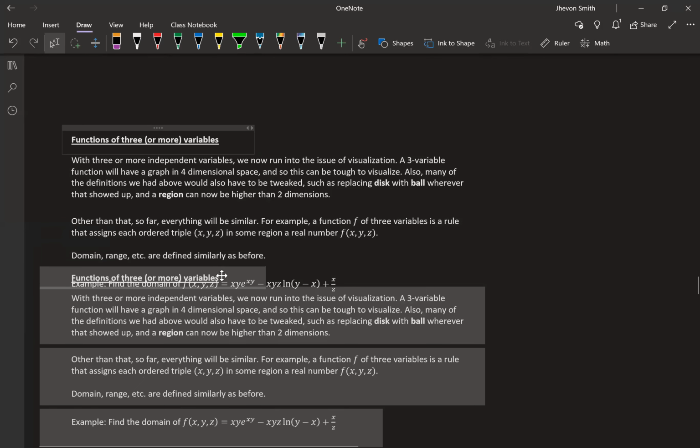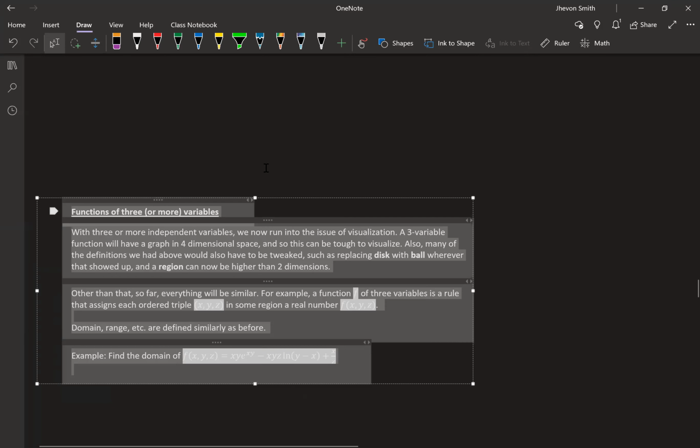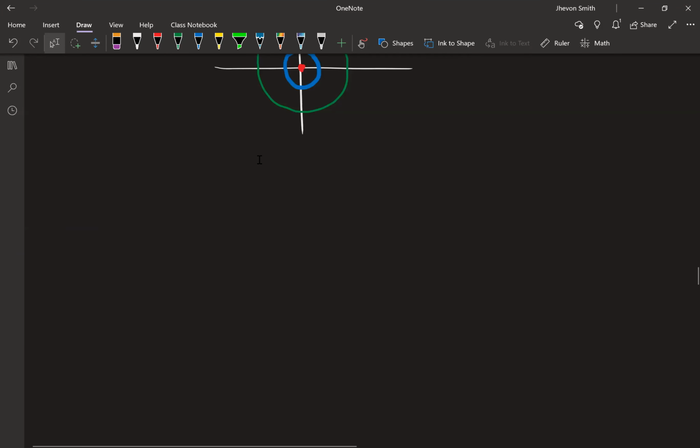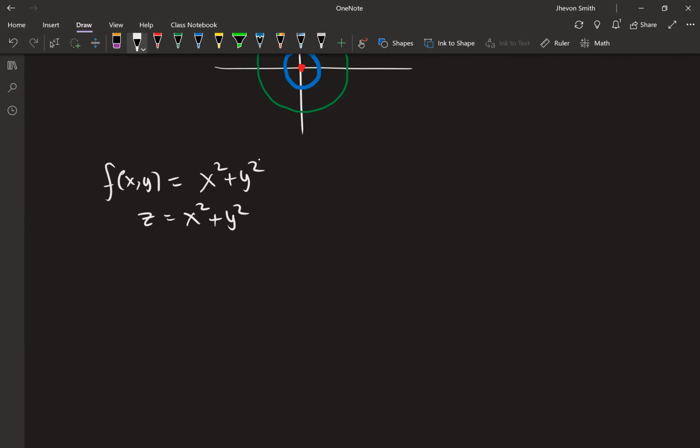Let's do another one. So if I had, for example, f of x, y equals x squared plus y squared, then this would be z is equal to x squared plus y squared. We recognize that as a paraboloid.